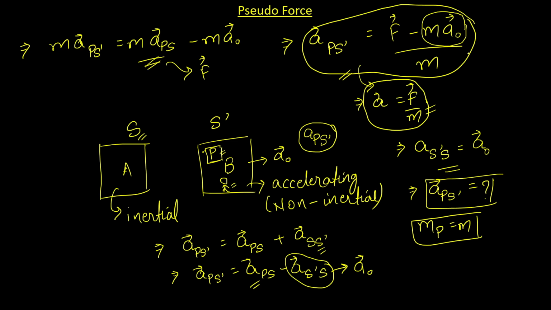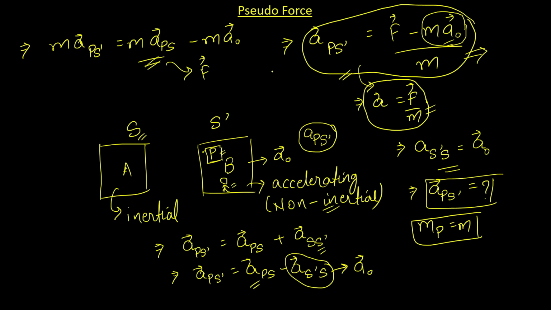And from here we can say that Newton's second law of motion is not applicable in this case because of this extra term, because the equation is not matching the general equation of Newton's second law. So here Newton's second law of motion is actually violated in case of a non-inertial reference frame. So this is the proof of it.